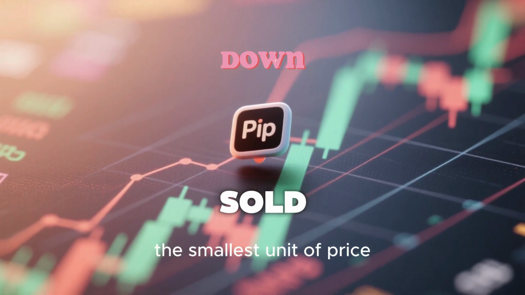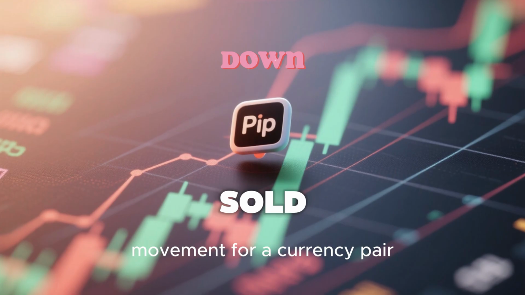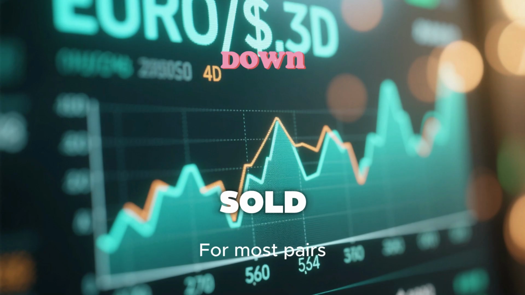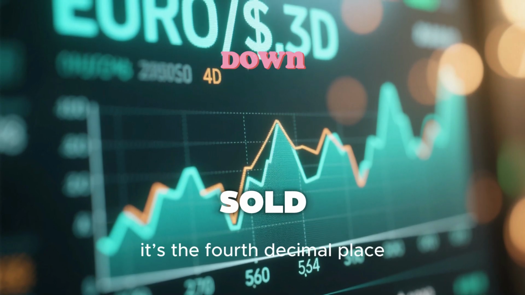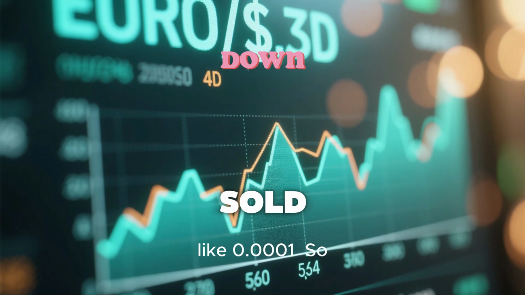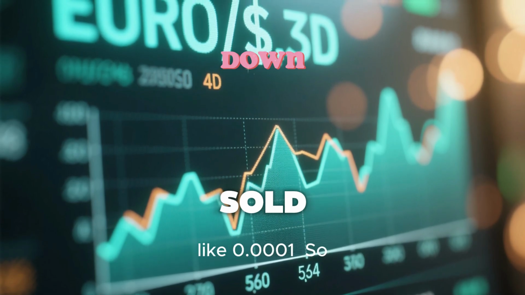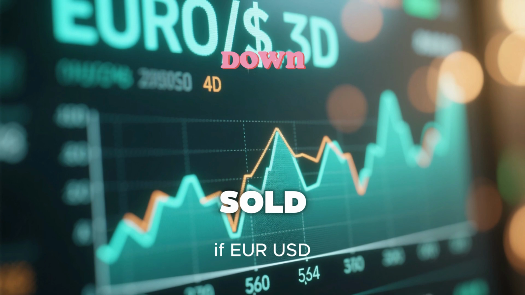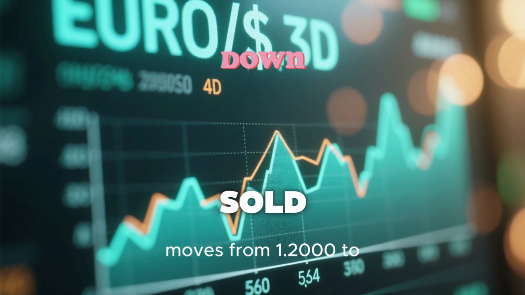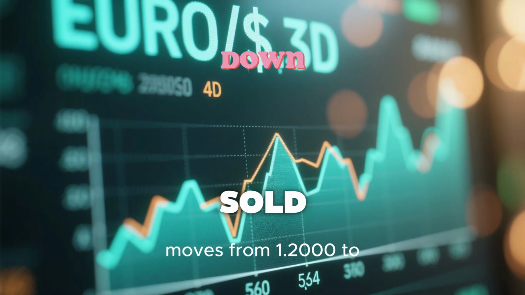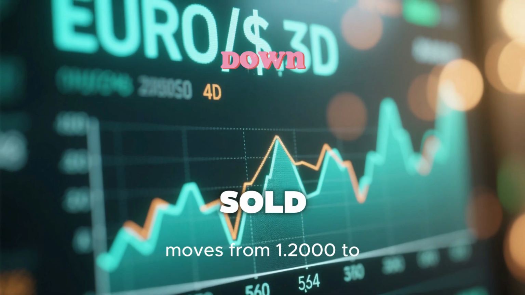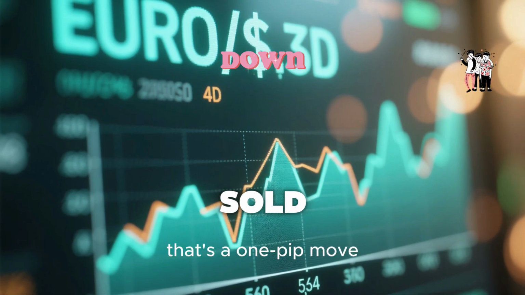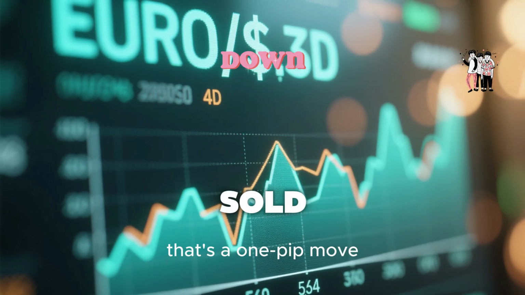It's the smallest unit of price movement for a currency pair. For most pairs, it's the fourth decimal place, like 0.0001. So if EUR-USD moves from 1.2000 to 1.2001, that's a 1 pip move.